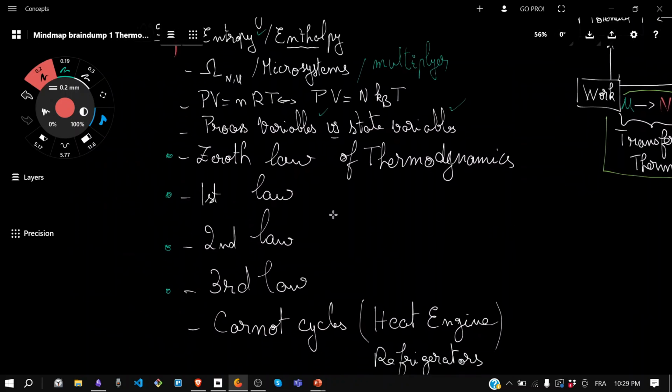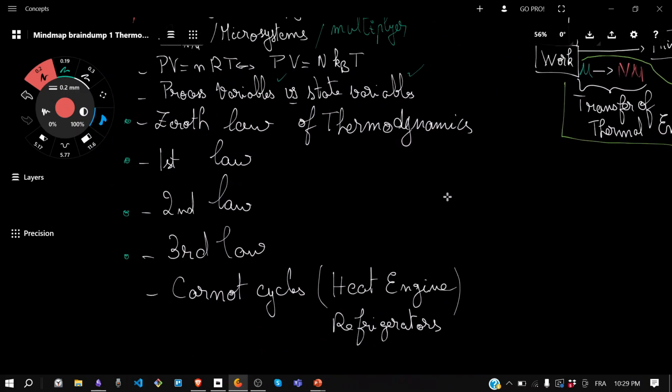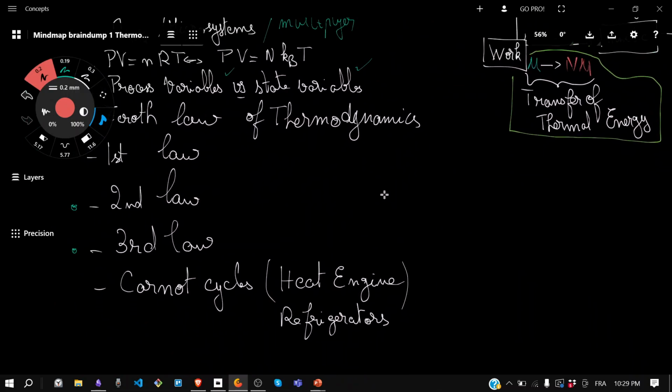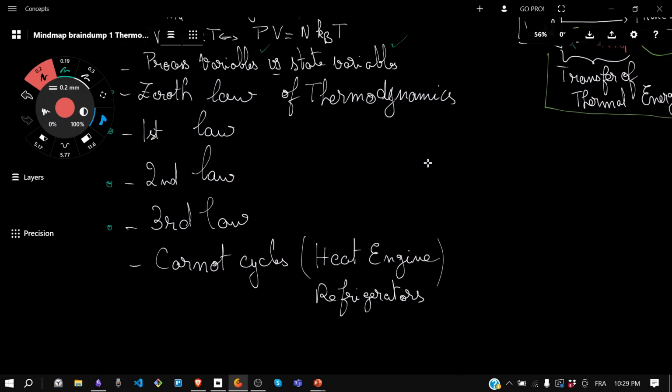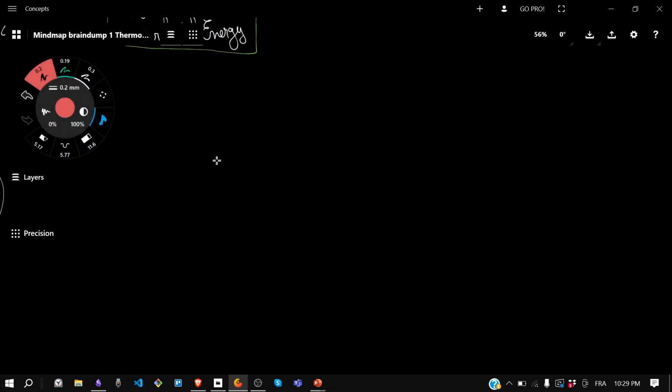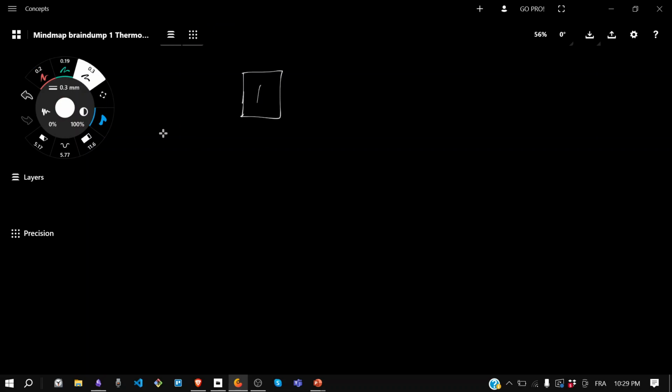Now, let's look at the laws. After that, we're going to conclude how I would study things next time, because I think it's already a lot of rambling. So let's look at the laws real quick. I believe law 0 was about temperature transfer.